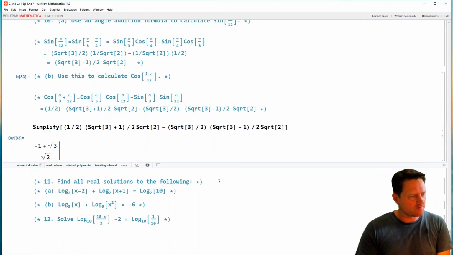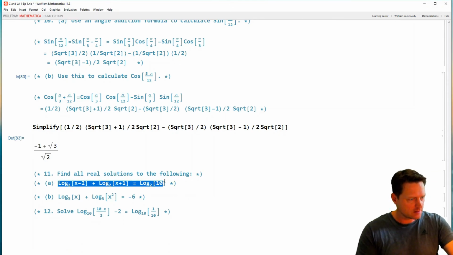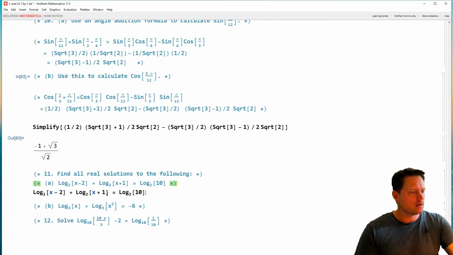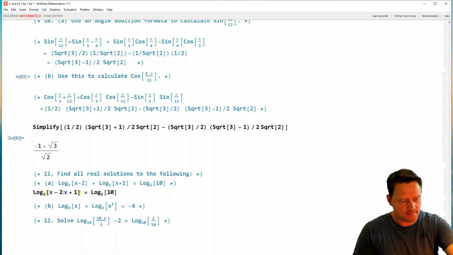Now, next one, find all real solutions to the following. Okay, so we want to use some log rules for this one in question A. So the sum of two logs is the log of their product. Okay, so just do that. I'll put brackets around this.